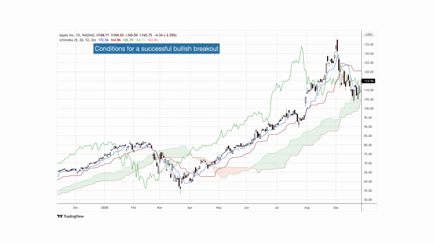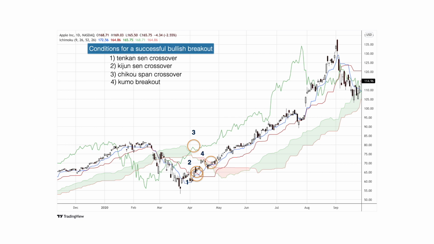So what are the conditions for a successful breakout? First is the Tenkan-sen crossover. Second, the Kijun-sen crossover. Third, Chikou span crossover. Fourth, a Kumo breakout. And the fifth, Kumo twist.